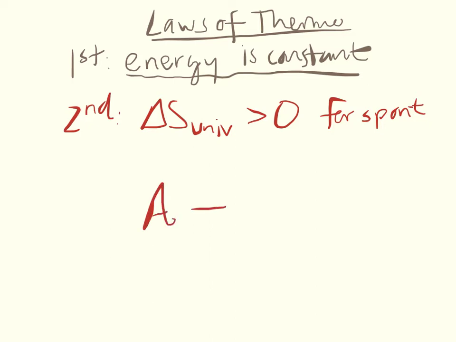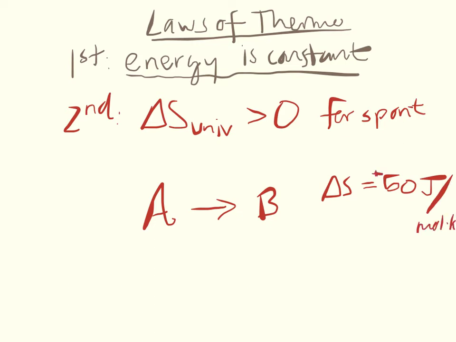So if we have a reaction from A to B, and we know that delta S of this reaction is equal to 50 joules per mole Kelvin, we know that's a positive value, so the entropy is increasing as we go from A to B. So we would say this is spontaneous. If we reverse the reaction, and we went from B to A, now the entropy value gets reversed. It's now negative, and that's a non-spontaneous reaction.